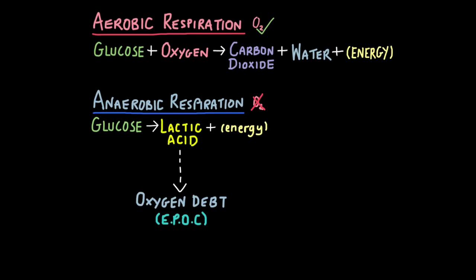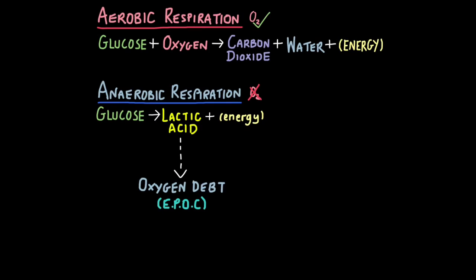So it's a little bit like your bank account being overdrawn. If you spend money beyond your means, then you'll need to repay it to get a zero balance. What this means in real terms is, you see, lactic acid needs to be broken down by oxygen. So that's why after exercise or long intense periods of exercise, people often breathe heavily for a short amount of time. That oxygen is used to repay the debt and break down the lactic acid that's built up within our bodies.